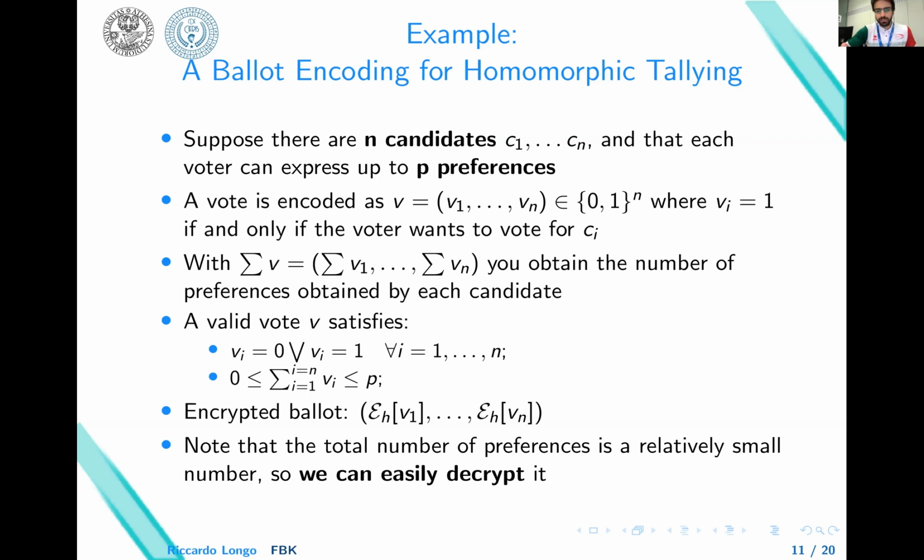As anticipated, we encrypt only small numbers. 0 and 1 are very small numbers. And also when tallying, if we sum all the preferences, even if we have a total of a few millions of votes for some candidate, a few millions is still a relatively small number with respect to the discrete logarithm problem, so we can easily decrypt it.